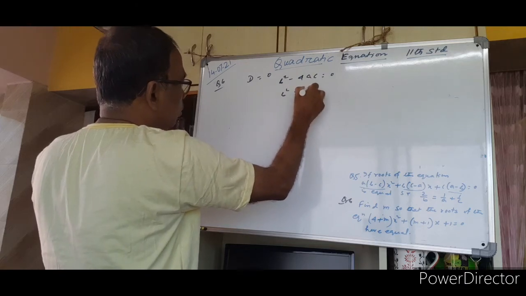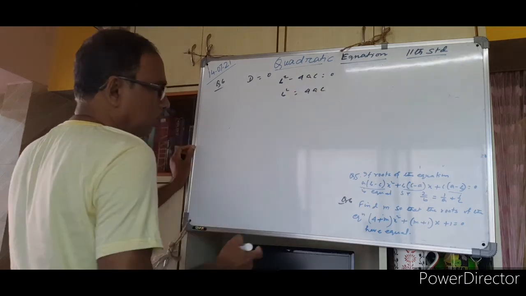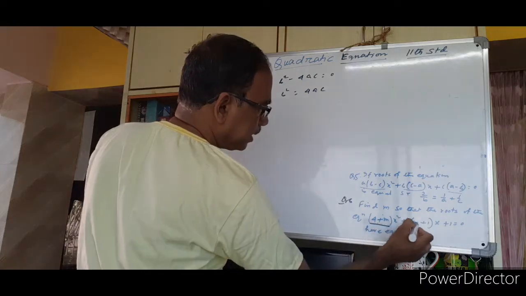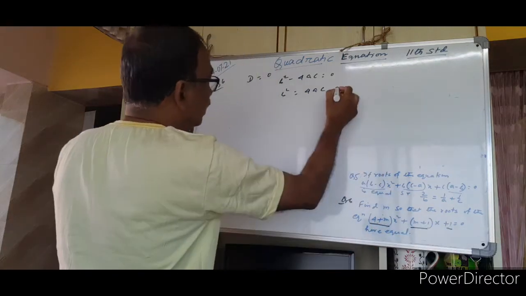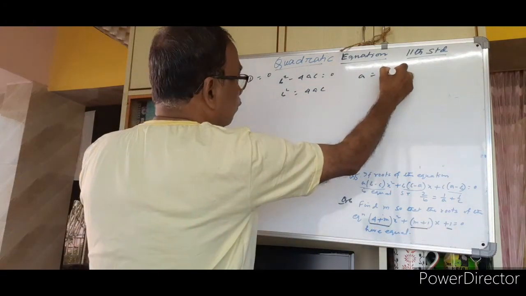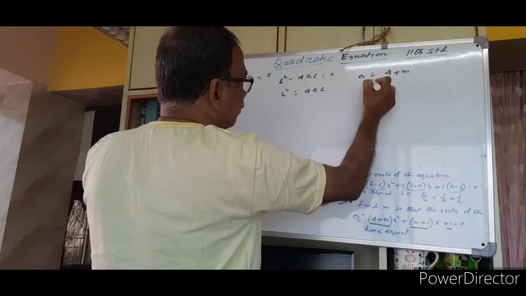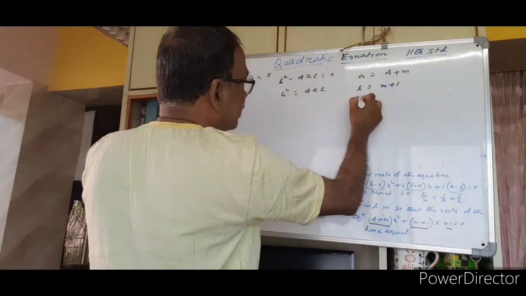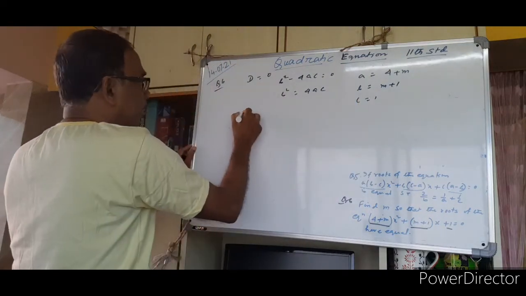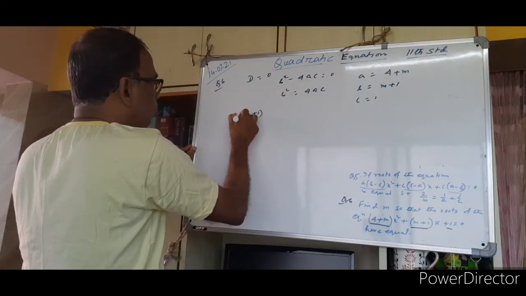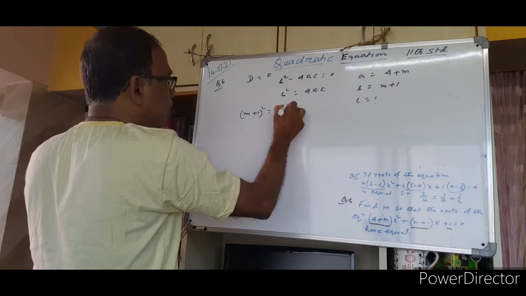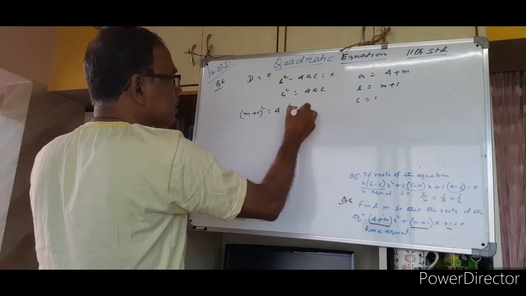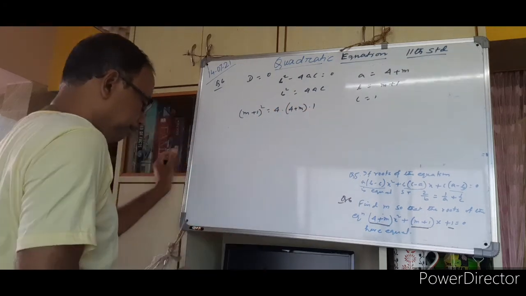That is b square equals 4ac. This is a, this is b, this is c. Here a is 4 plus m, b is m plus 1 and c is 1. Put it here. That is m plus 1 whole square equals 4 into 4 plus m into 1.